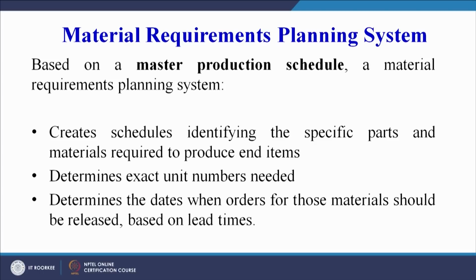It creates schedules identifying the specific parts and materials required to produce the end items. Now, the end item is our final product. So we have to use certain specific parts and materials that will go into our final products. MRP will create schedules for when the individual parts must be ready and when the sub-assemblies must be ready, so that by the deadline our final product is ready.